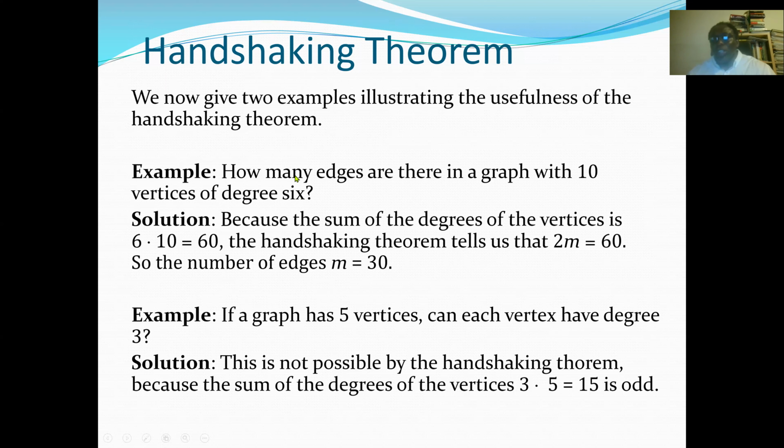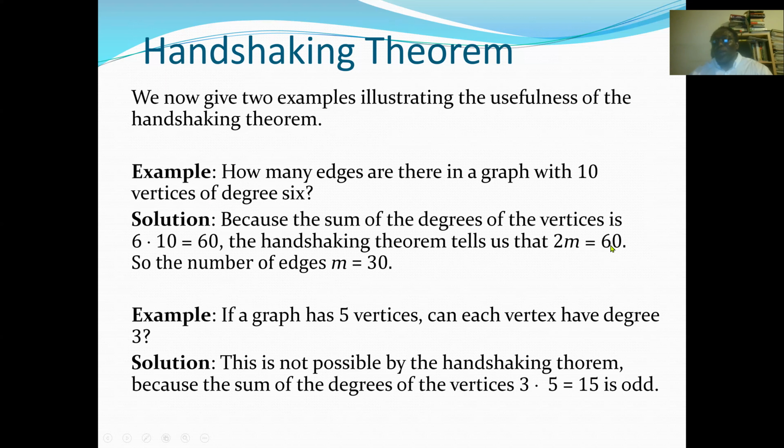So we cannot say the answer is 10 times 6, because each edge has to be connected to 2 vertices. Since each edge is connected to two vertices, we use the handshaking theorem. So 2 times m, where m is the number of edges I'm looking for, equals the sum of the degrees of the vertices in the graph.